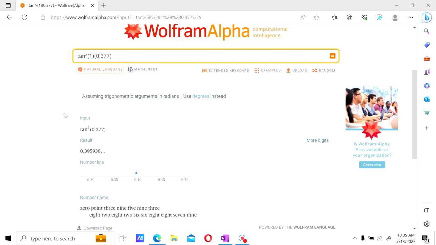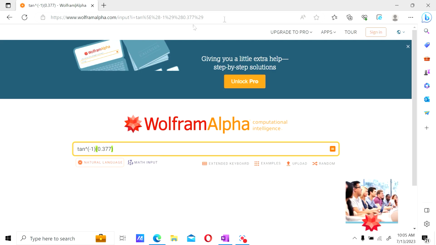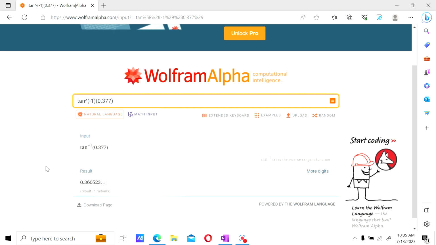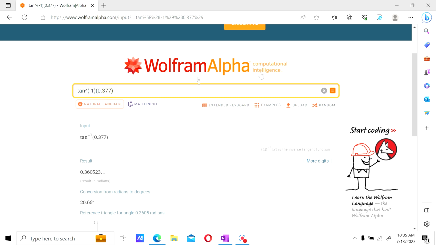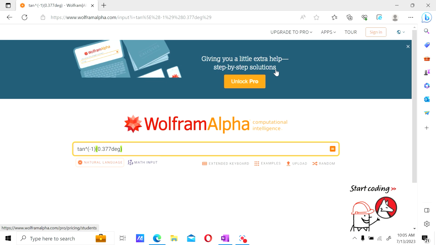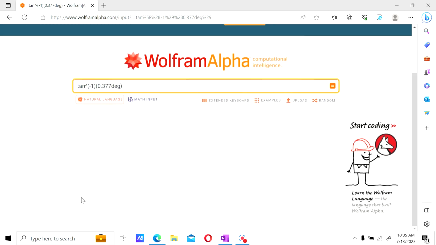What is going on here? Oh, it's my tangent inverse. I'm sorry. Tangent inverse of 0.377 in degrees. How come I always get issues with, oh, 20.66, I saw it right there.